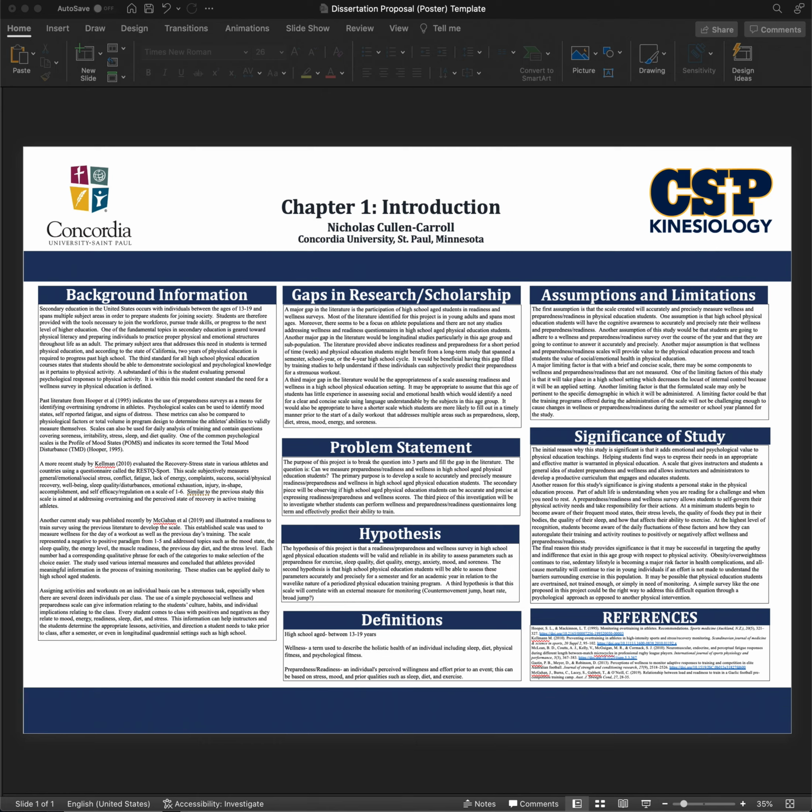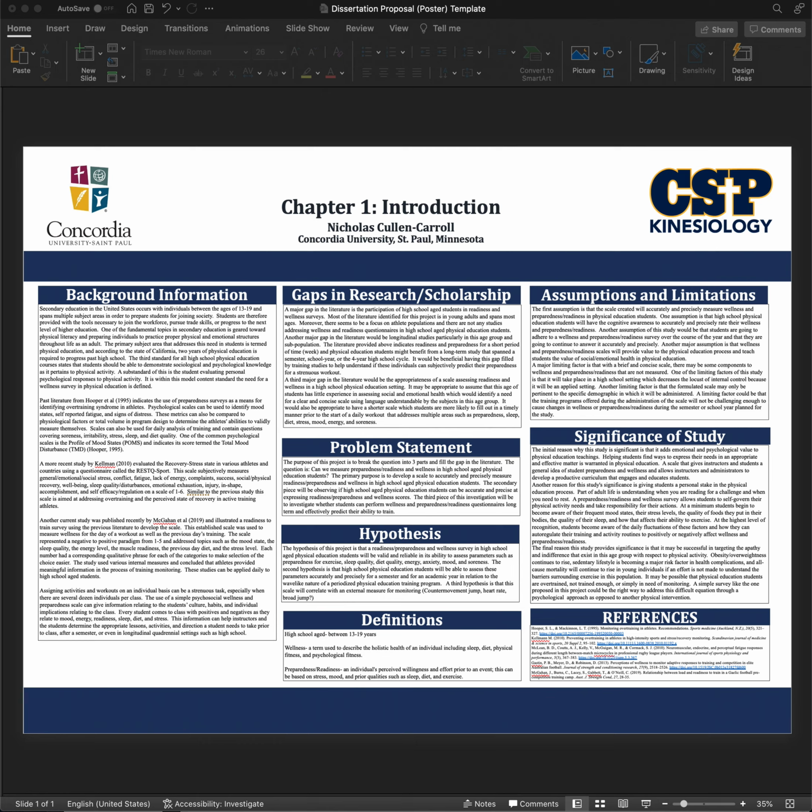A third assumption is that the students are going to adhere to the survey, especially if it's over the course of a semester or a school year or a 4-year process. That might be a daunting task for an individual of this age.